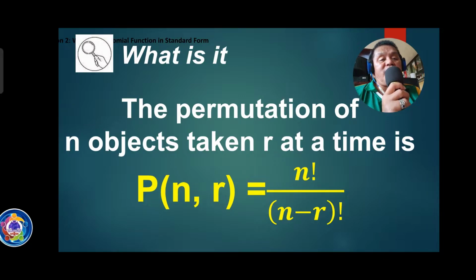The permutation of n objects taken r at a time is equal to n factorial over quantity n minus r factorial, where n is the number of objects and r is the number of objects taken from the given objects at a time.